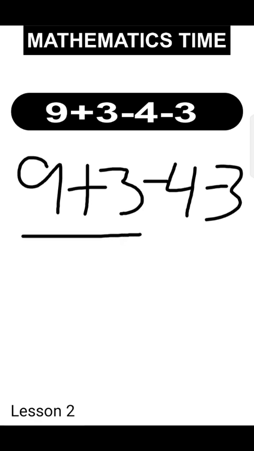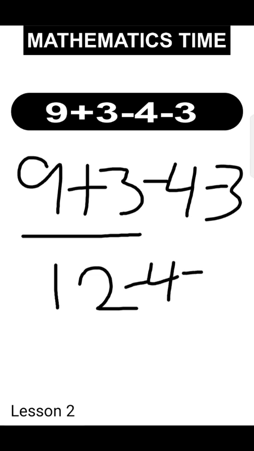Now 9 there is positive, plus positive 3. So our answer is going to be 12. Now let's add negative 4, negative 3 to it. Now we solve the next two. That's 12 and 4. So you ask, which of them are you owing and which of them do you have?